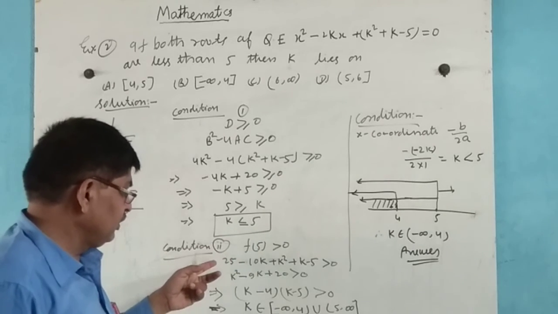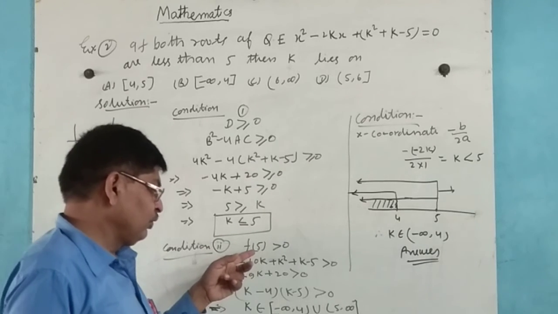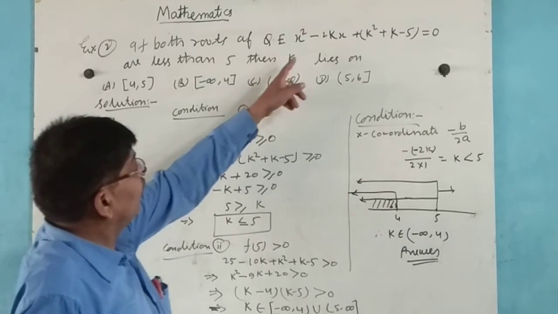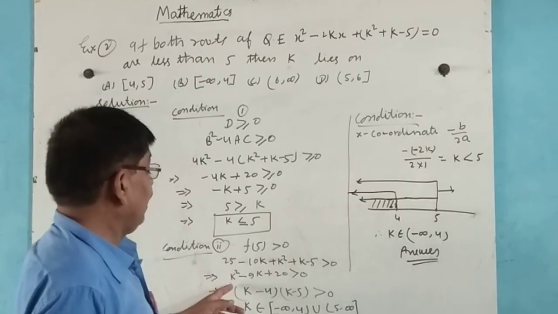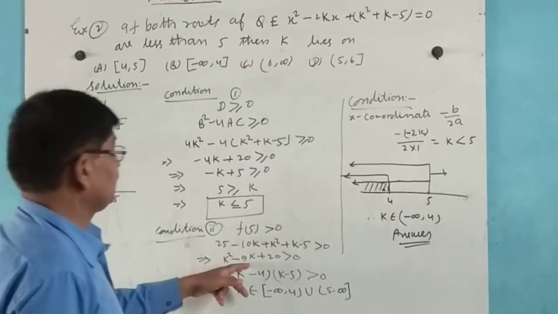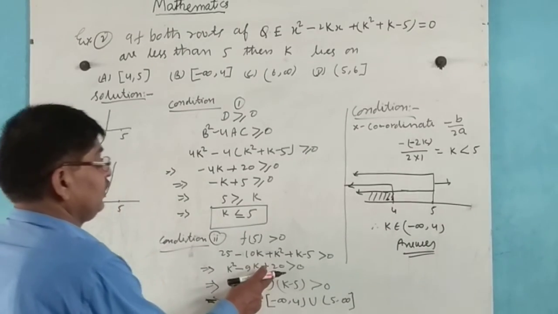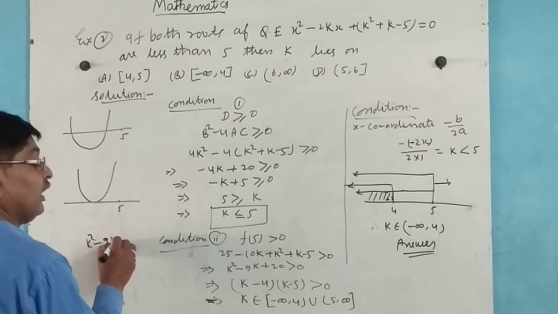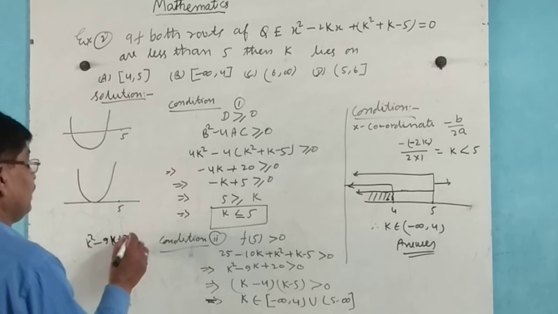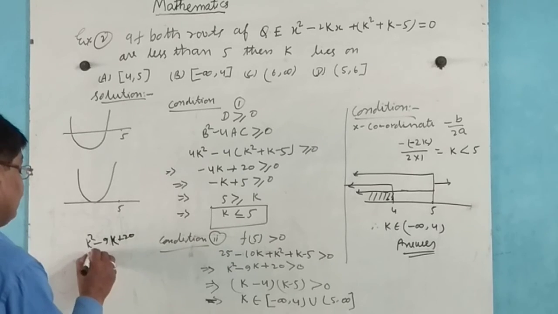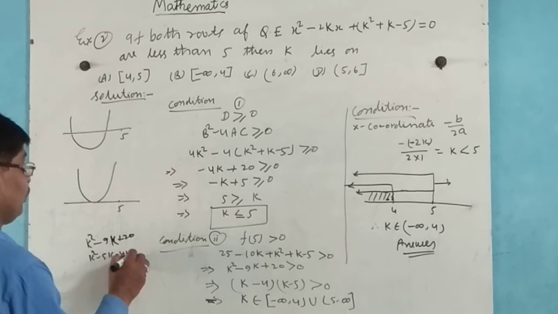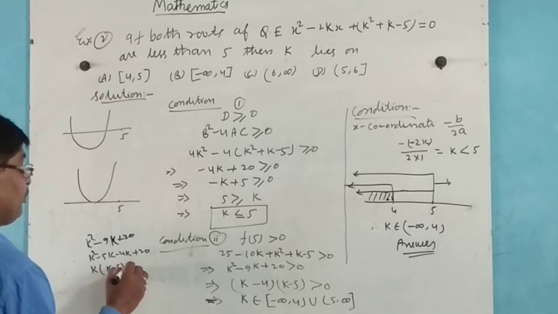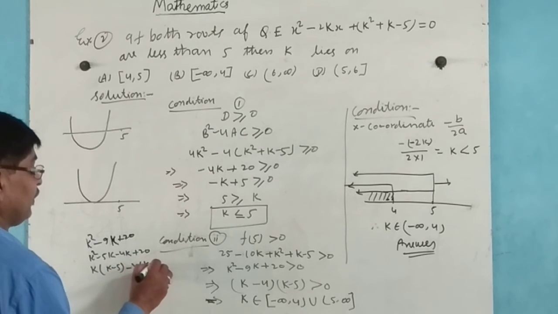Now condition second, f(5) greater than 0, it means that x is equal to 5. Putting 5 in the quadratic equation, we get k square minus 9k plus 20, k square minus 5k minus 4k plus 20. Here k is common, k minus 5 and minus 4 is common, k minus 5.